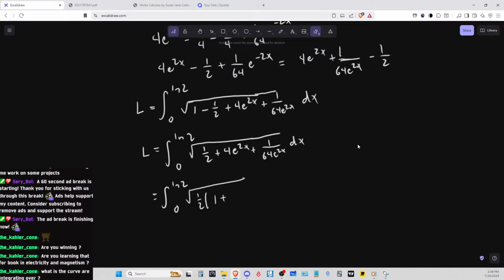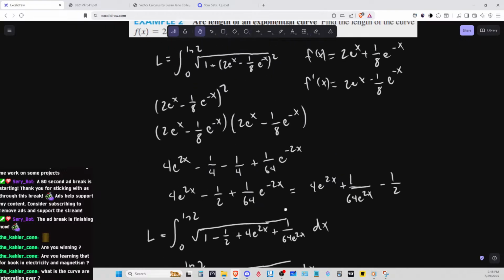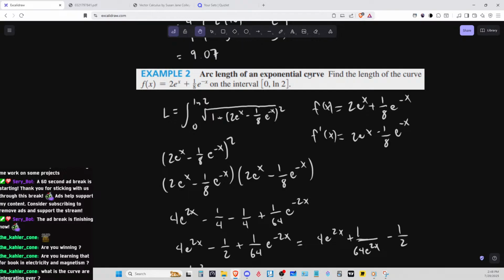What curve are we integrating over? Let's see. It's an exponential curve.